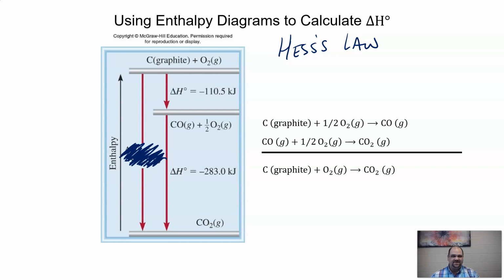What we can do, Hess's law tells us that we can mix and match equations in order to figure out an overall reaction. And so from carbon and oxygen to go to CO, well, that's here, 110.5 kilojoules.